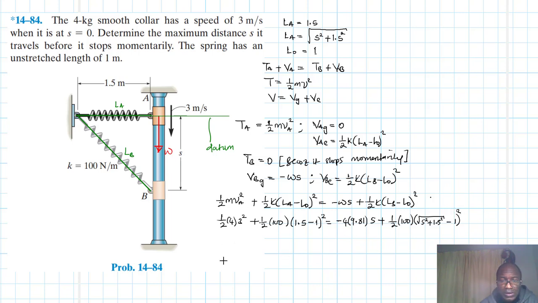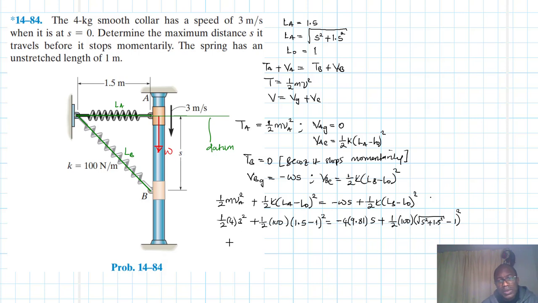So let's write this. We'll have 0.5 times 4 times 3 squared plus 0.5 times 100 times 0.5 squared.